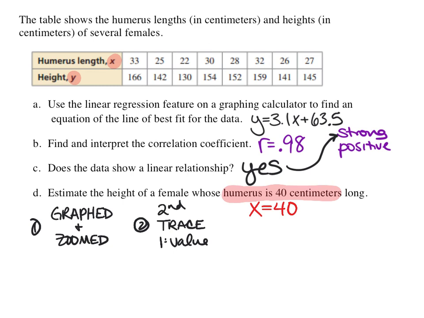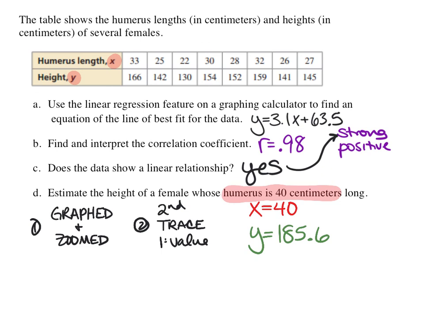Well, guys, what does x equal in this problem? 40. So we type in 40 and we say go, we say enter, and your calculator is going to figure out what the output is, or the value is of the graph, when the x value is 40. So my calculator is telling me that when x is equal to 40, y is equal to 185.6.